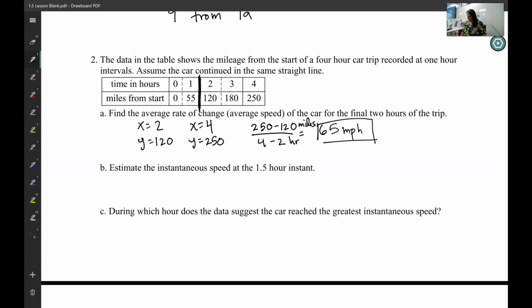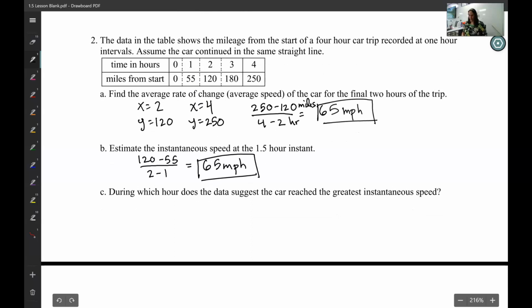So the best way to estimate it would be to look on either side. So I'm going to estimate 1.5 by finding the average between 2 and 1. That gives me 65 miles per hour. So at 1.5, I was probably going somewhere close to 65 miles per hour because 1.5 is in between 1 and 2.